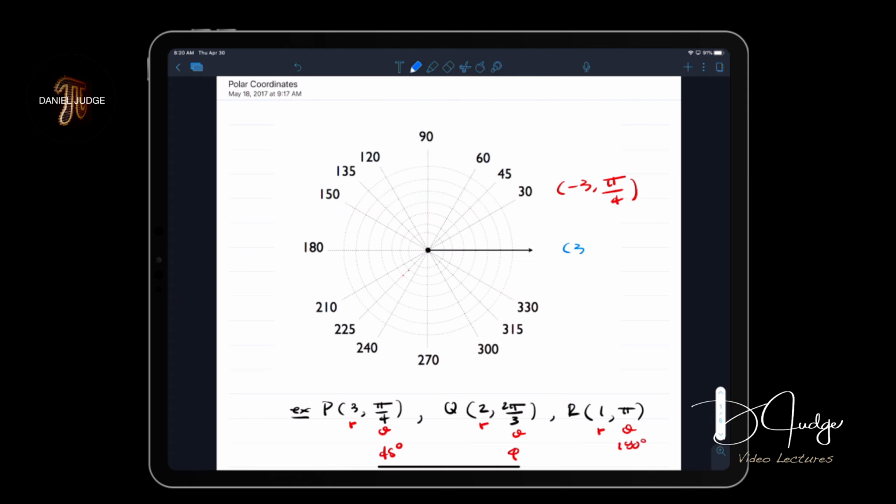Try plotting 3 pi over 4. This is what I do: I go out 1, 2, 3. I rotate that ray pi over 4. Here's 3 pi over 4. That's not what we're looking for. I used to do this with my hand on the whiteboard, like every math instructor has, putting a portion of my hand along this line here.